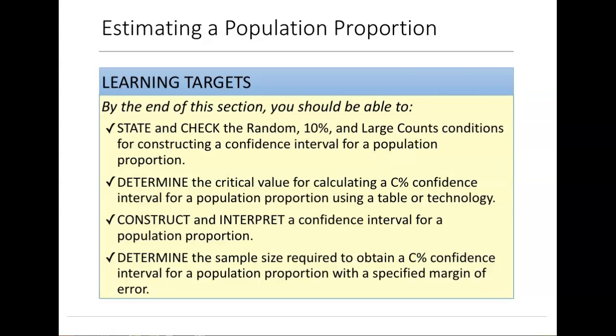We'll talk about determining the critical value for a certain percent confidence interval. So the critical value is basically how many standard deviations you want to go to either side. And then we'll talk about how to construct and interpret a confidence interval, and finally how to determine the correct sample size you need to take to get a certain percent confidence interval.